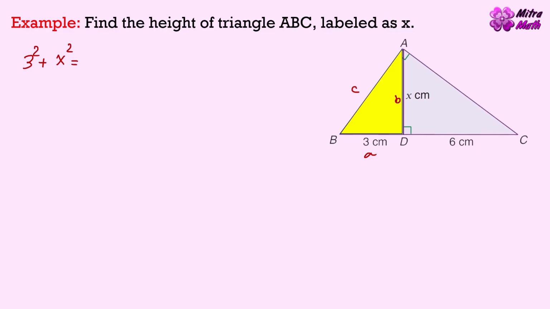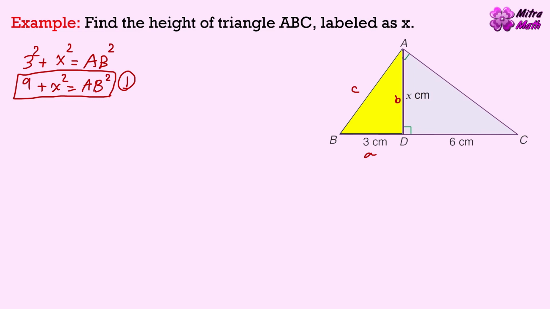I'm going to use its own name: C is AB, so it would be AB squared. So I get 9 plus x squared equals AB squared. Can I solve this equation? No, because I have 2 variables. I'm going to keep this one as relation number 1.